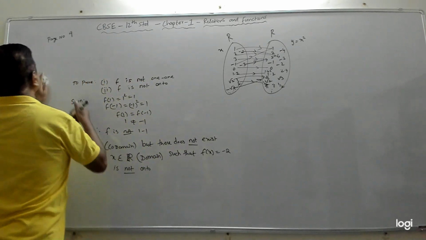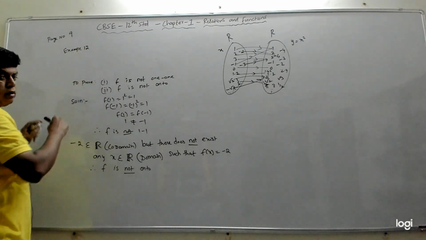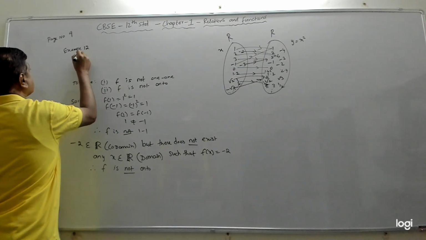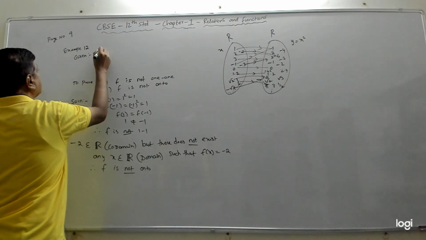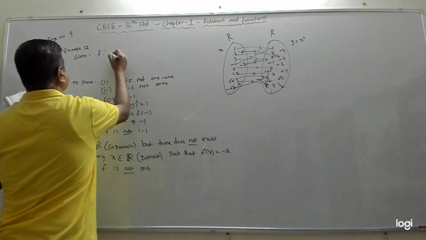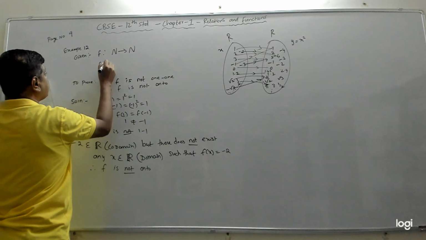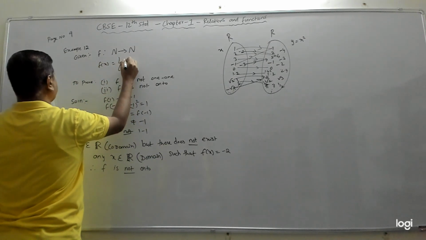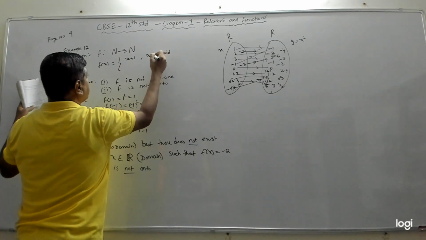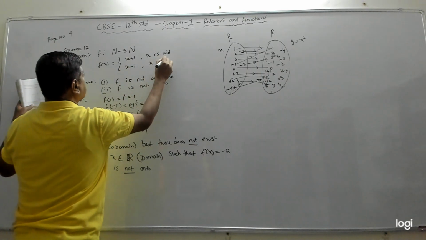Important. Example 12, which says: f is a function from N to N, the set of all natural numbers to the set of all natural numbers, and it is defined as f of x equals x plus 1 if x is an odd number, and x minus 1 if x is an even number.